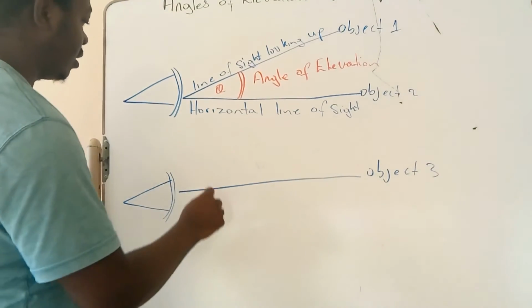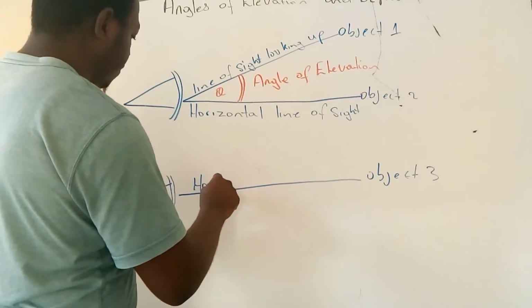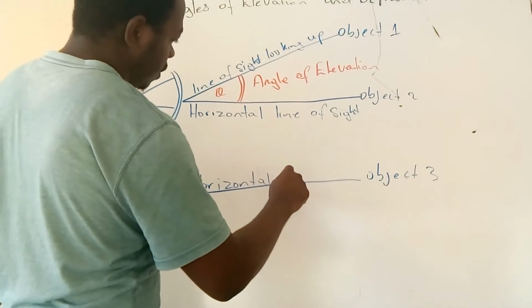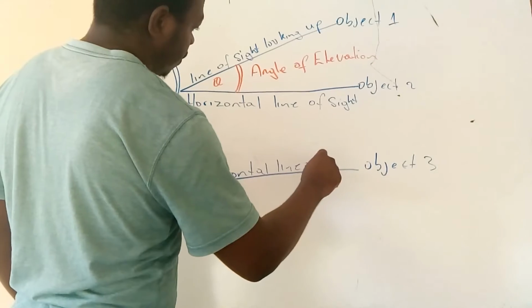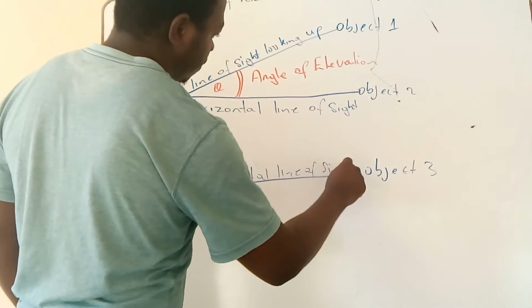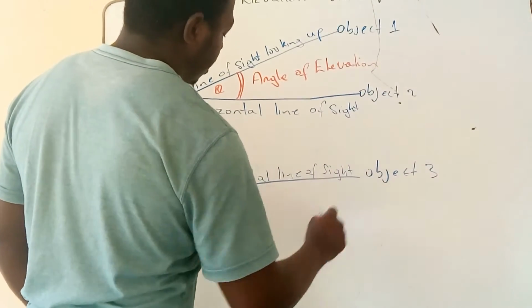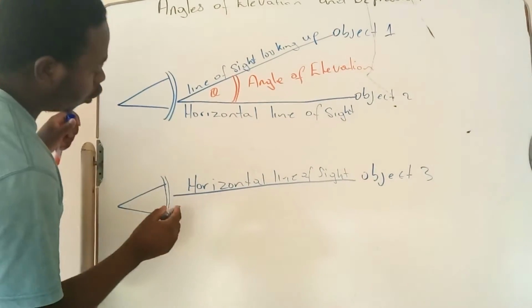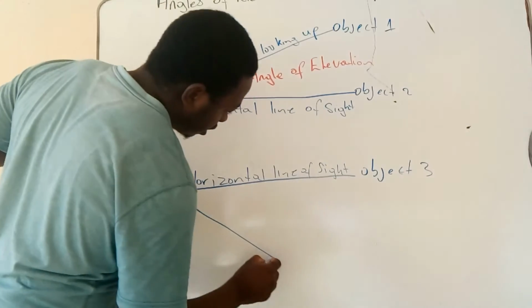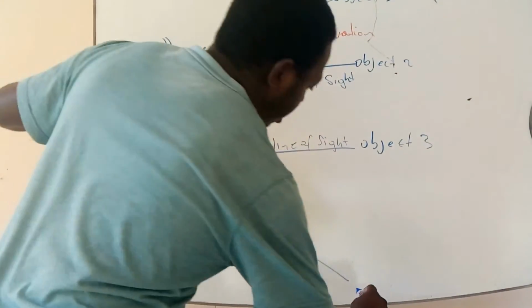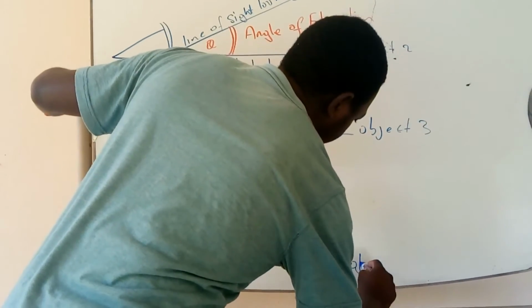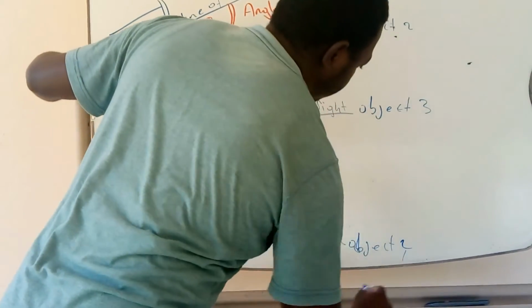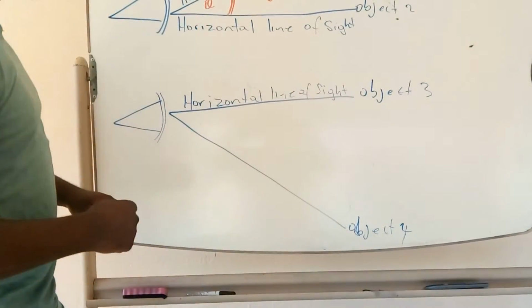It is still the horizontal line of sight. Right? Still the horizontal. But now you're looking downwards at an object, and you're looking at object number 4. Right? So you're looking at object number 4.